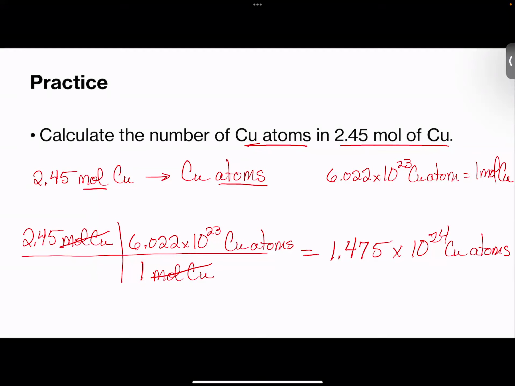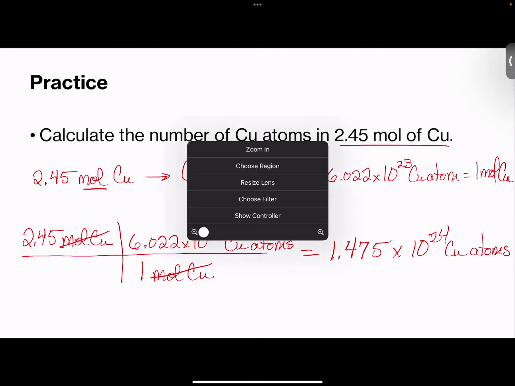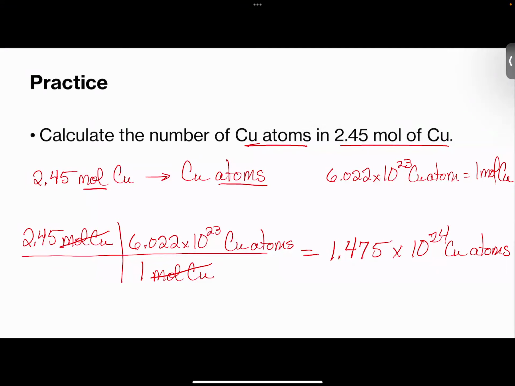Now, if we're talking about significant digits, your mole had 3 significant digits. Avogadro's number, because this is a number in scientific notation, the coefficient is equal to the number of significant digits.